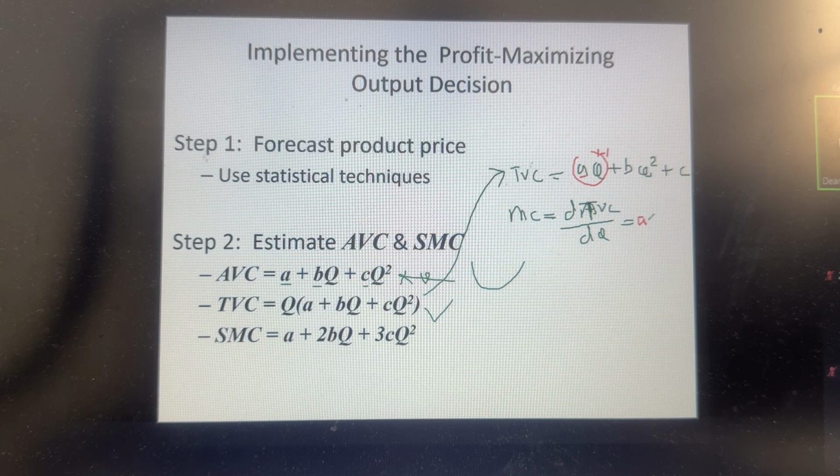Q to the power 0 is 1. 1 multiplied by A is again A. Then plus, take this part, the power value is 2. Multiplying it by the slope coefficient, it becomes 2B. And deducting 1 means Q to the power 1, that is Q. Plus, in this case the power value is 3, so it becomes 3C, and deducting 1 from this power value, it becomes Q to the power 2. So this is how you can get the MC equation from the TVC.